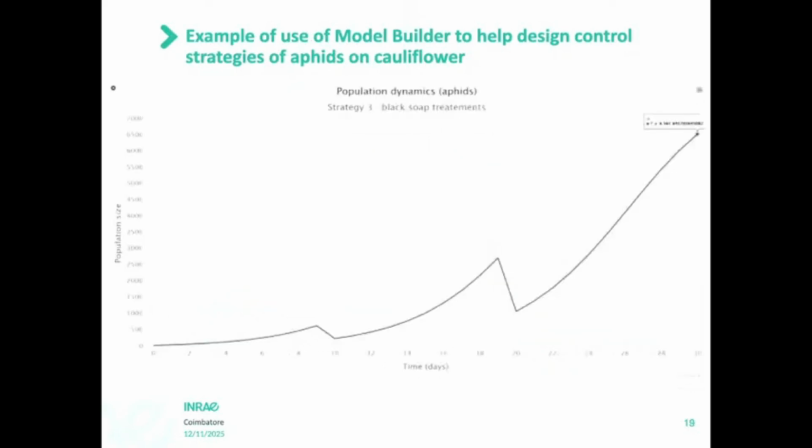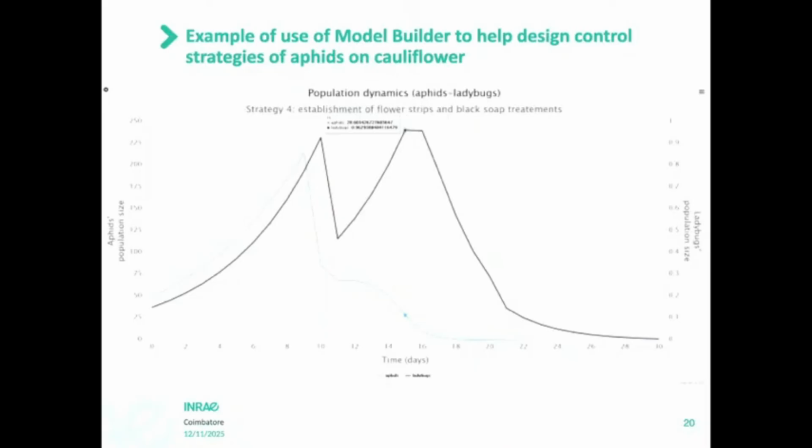We can also test another strategy. For instance, we can ask what is happening when I apply two black soap treatments, one here and one there. So you can see the dynamic and the effect of black soap. However, after day 22, we still have a high level of aphids. And after, you can make any complexity.